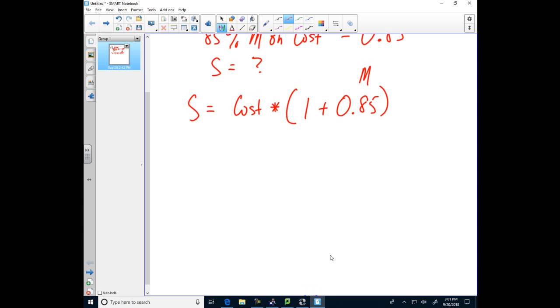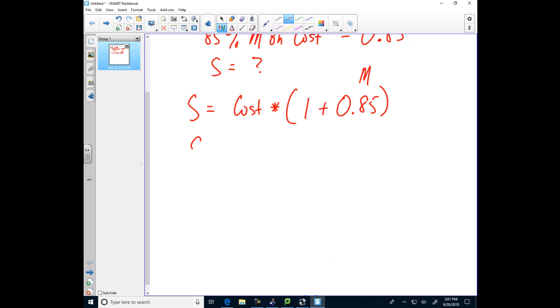All right, is everybody okay with that? So we know what it cost to make. That was 280 pounds. We want 85% markup based on that. And the 1 is the original 280. So remember, we're trying to get the selling price here.